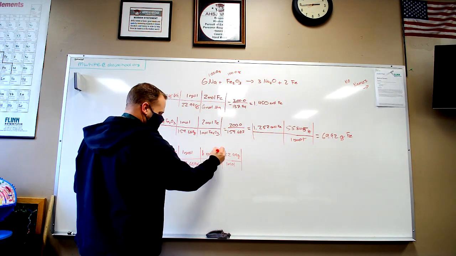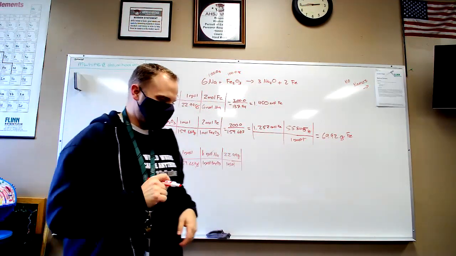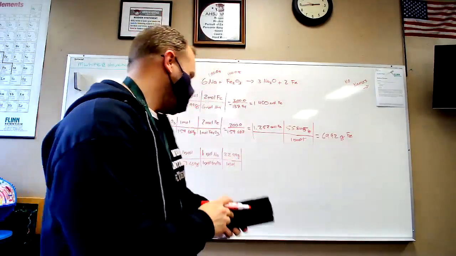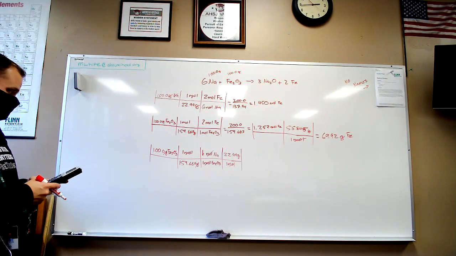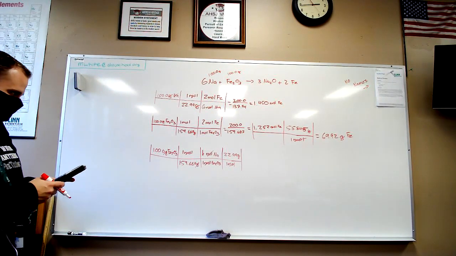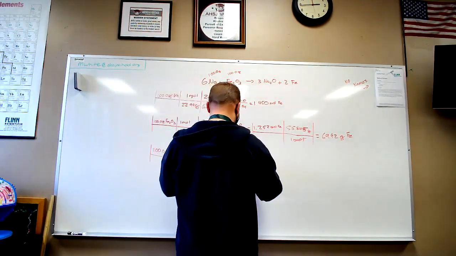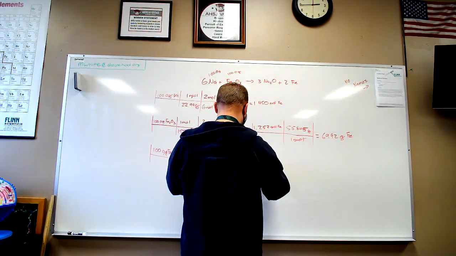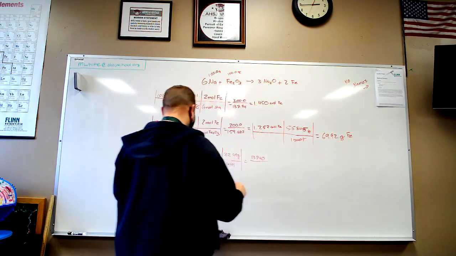Moles, moles, moles, moles. We're left with grams of sodium, which is exactly what we want. Now we're ready to go back to the calculator. So 100 times 1 times 6 times 22.99. 13,740.